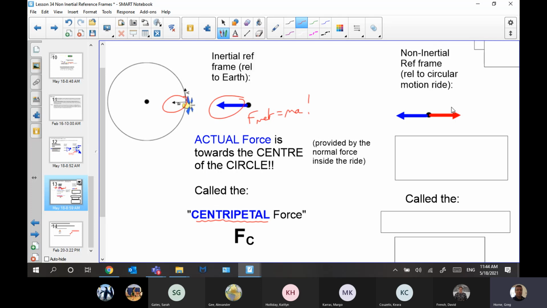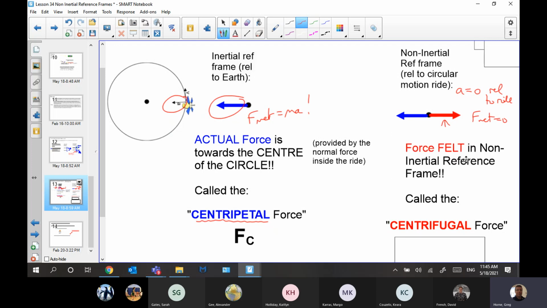In order to explain zero acceleration relative to the ride, or the car that you're in, you can see in this diagram you've got a net force of 0, as long as you have this fictitious force. That fictitious force is the one that people call centrifugal force.